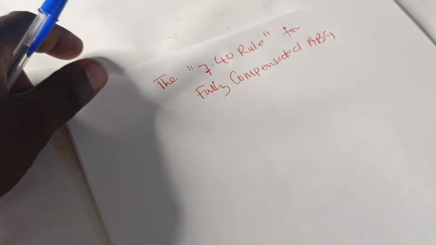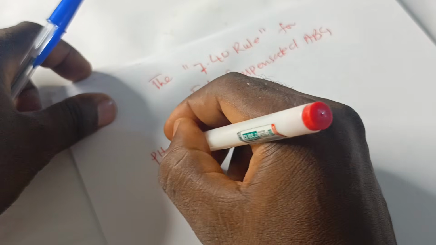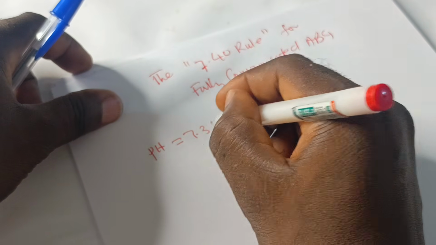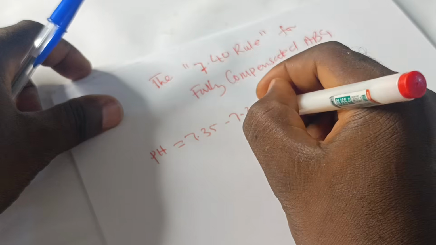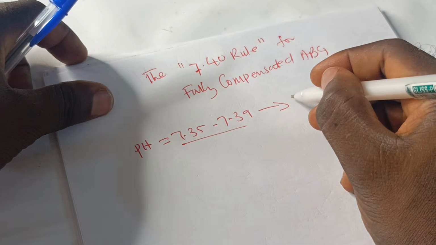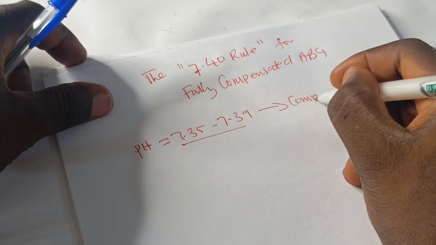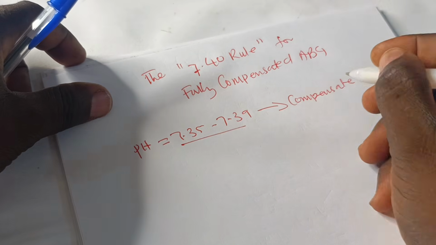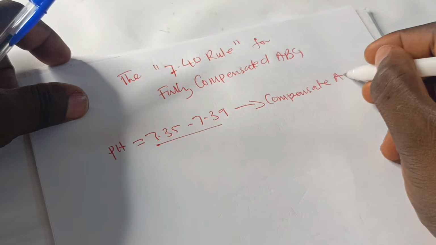So in this case, if the pH is 7.35 to 7.39, then you must say that it is a compensated acidosis.